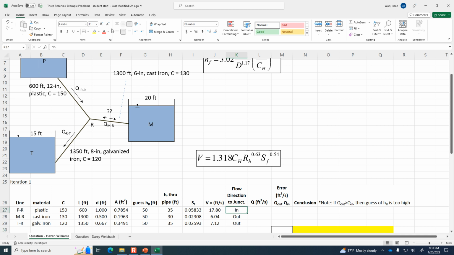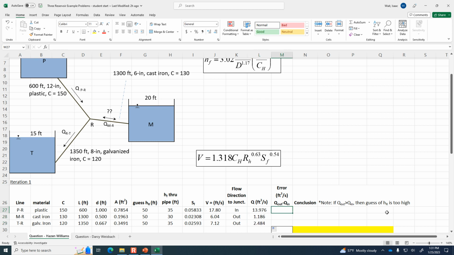Like if we were to draw a little control surface or control volume at this node R, is the water coming in or out through a given pipe? It's coming in through pipe PR and out through the other two. Q equals VA, so velocity times area. And we can apply that formula down through all three of the rows.